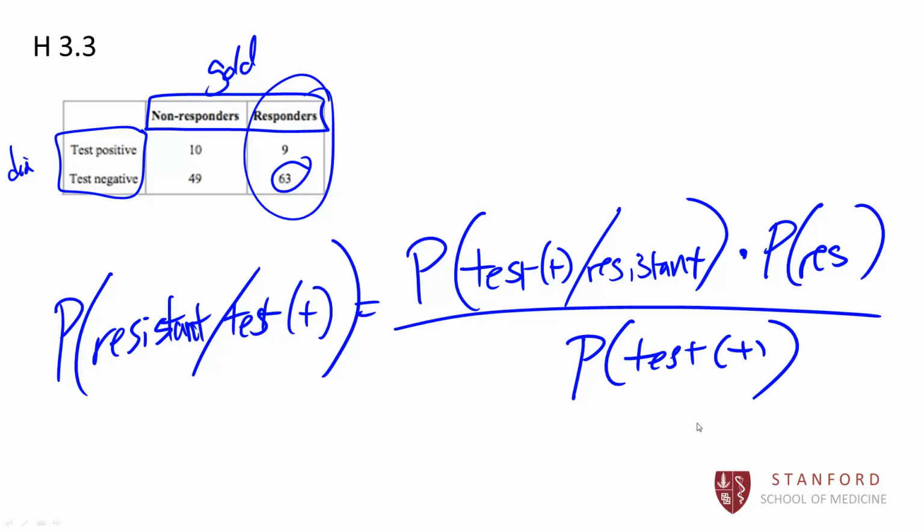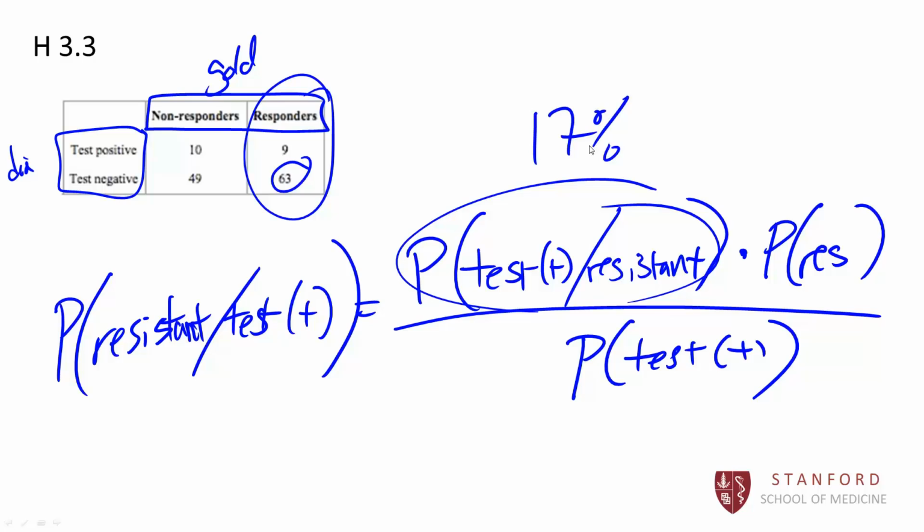Great, so we can fill these in. So this is going to just be 17%. We calculated that earlier. This is going to be 50%. This is given in the question stem. We know that the prevalence of resistance among the general population is 50%. And then lastly, this part about the probability of testing positive, well, we can use an expanded formula to calculate that.